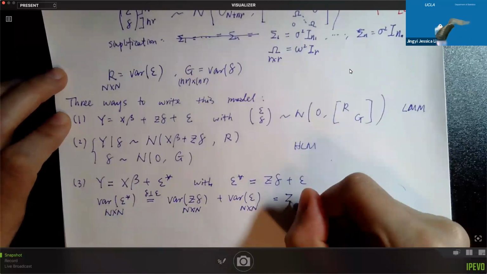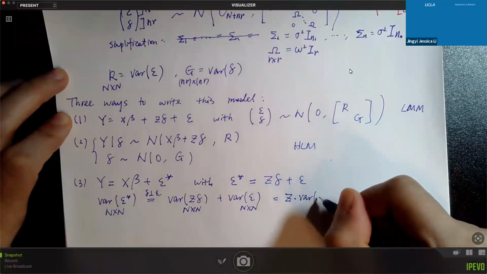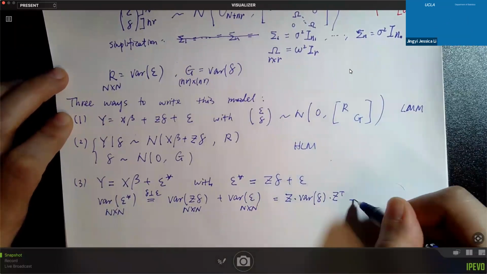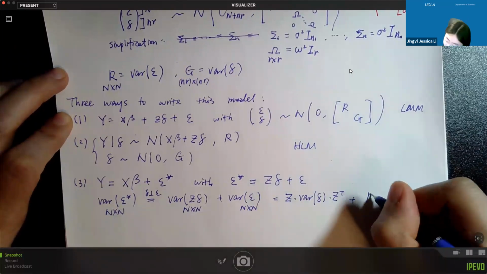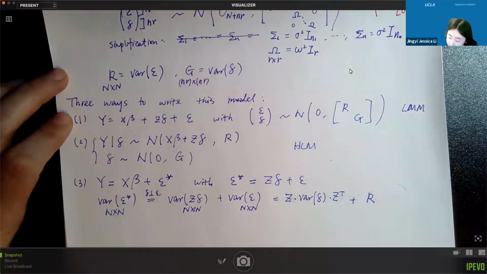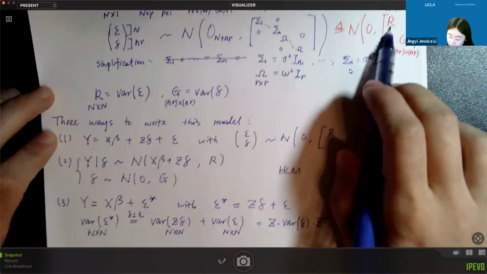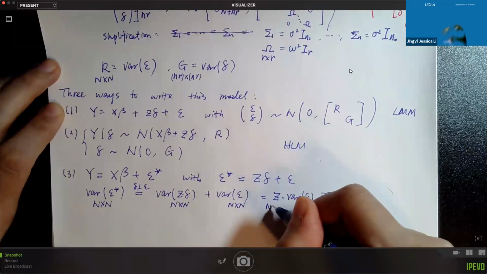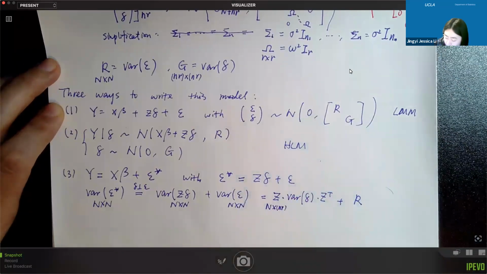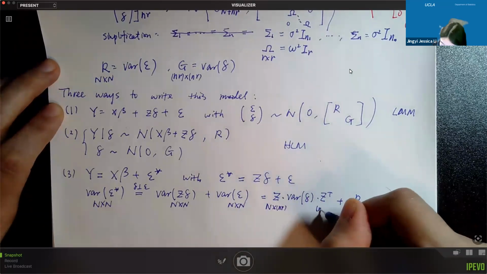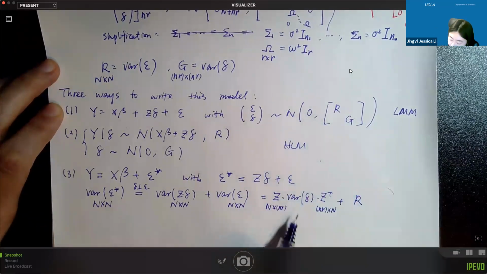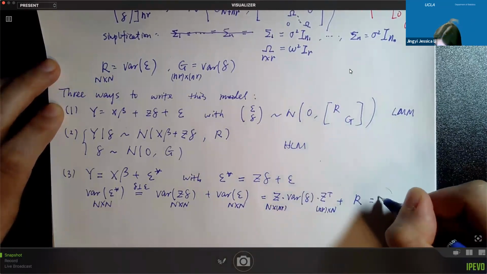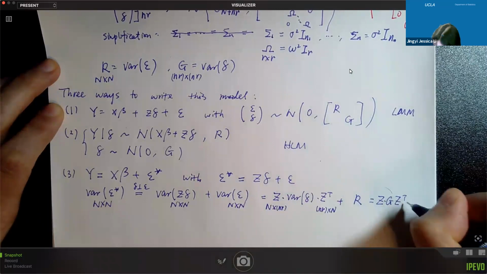So Z times the covariance matrix of delta times Z transpose. The second part, we know it is R, an N by N matrix, as we have seen here. And Z is N by NR, and of course its transpose is NR by N. And the covariance of delta we know is G. So we get Z G Z transpose plus R.